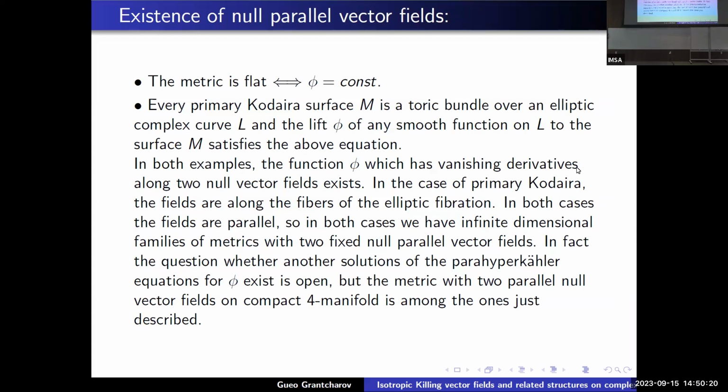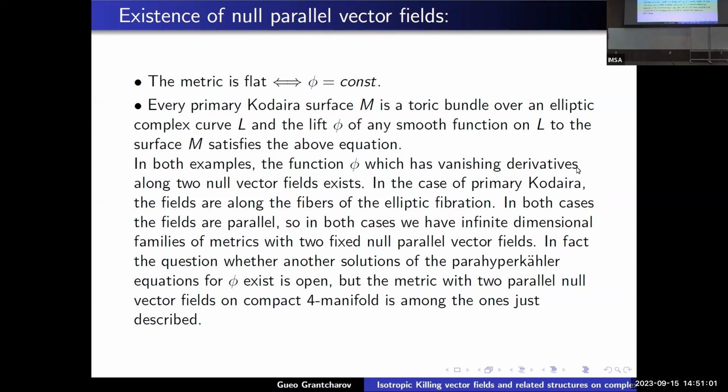And then in these terms, this vector, whatever we choose by constant or function of this type on the curve when we represent the united surfaces of fibration, this case both lead to null vector fields, and we have parallel vector fields, so that we have infinite dimensional families of metrics which have fixed null parallel vector fields.